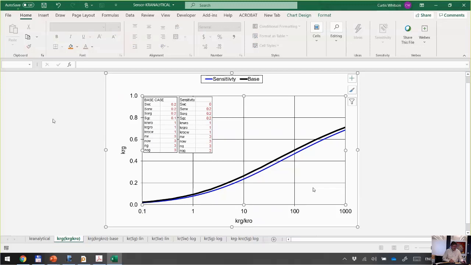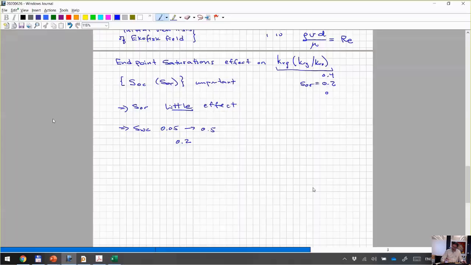So what I would say is that the endpoint has more effect, but still, I would not say large. And for the SGC, from 0 to 0.2, that's kind of the limit where 0.1 has some effect.